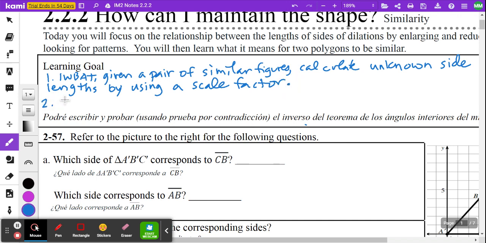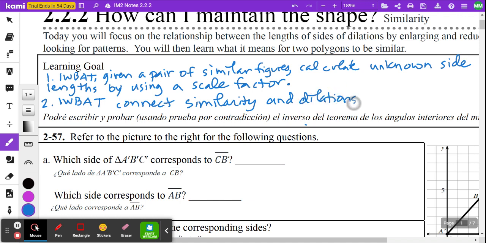And number two, I will be able to connect similarity and dilations within the context of a problem.